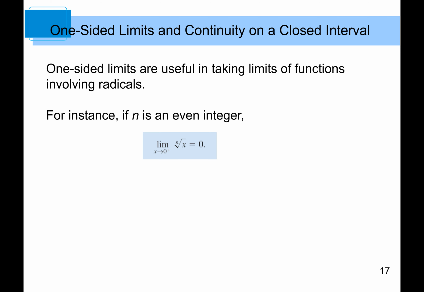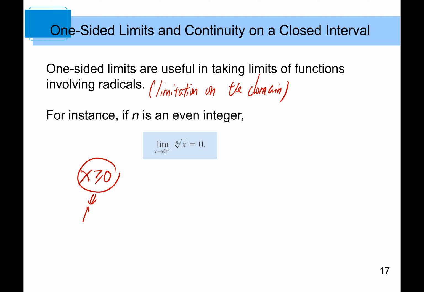One-sided limits are used when taking limits of functions involving radicals because of the limitation of the domain, right? For instance, if n is an even integer, then the domain for the function nth root of x must be x greater or equal to 0. So as you can see, you can only go from 0 on the right hand side, right? Because x must be greater or equal to 0.